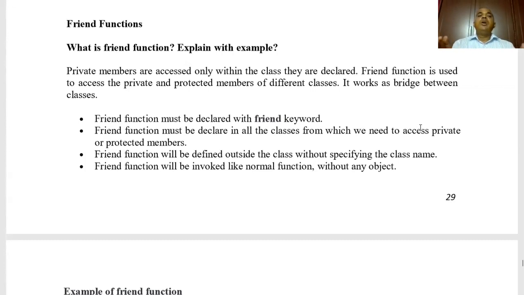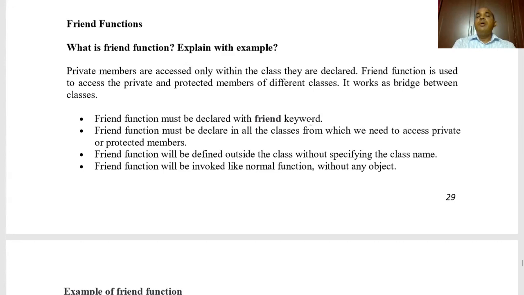Clear, all of you? In friend functions also, we access the private members of a class outside of the class by using a friend function. Clear? In these points, a friend function must be declared with the friend keyword, just as operator overloading functions must be declared with the operator keyword. Clear, all of you?